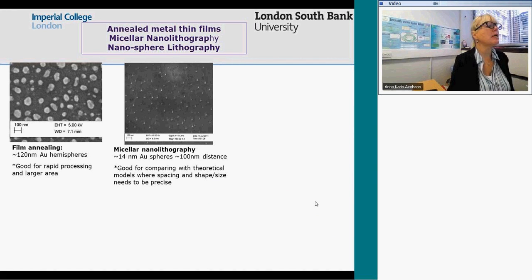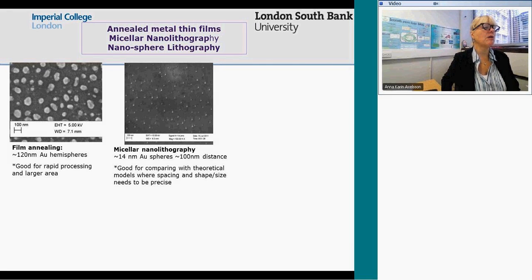Scanning electron microscope images here show some of the results of the different methods. The film annealing, as you can see, gives a nice distribution of approximately 120 nanometer gold hemispheres on the surface. So it's a large structure, which is good if you want to mimic silicon wafer or solar cell structures.